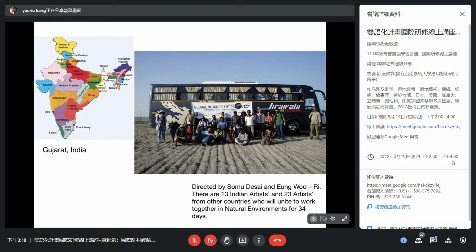There were 13 Indian artists and 23 artists from other countries, and we all got together in this bus and traveled around Gujarat in India. Gujarat is this blue area.